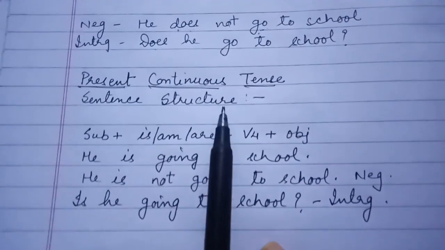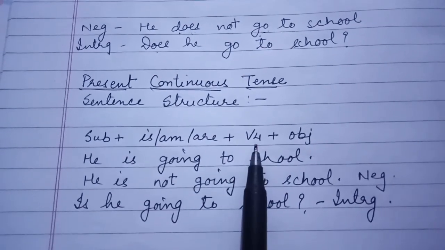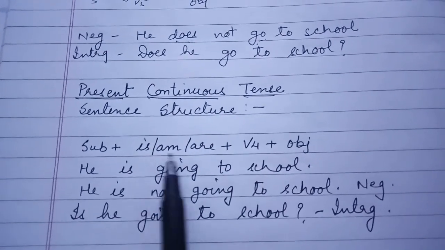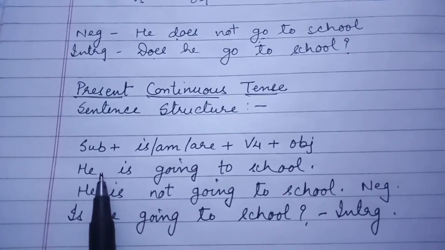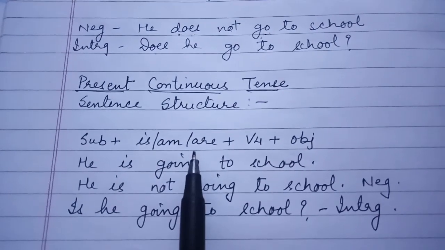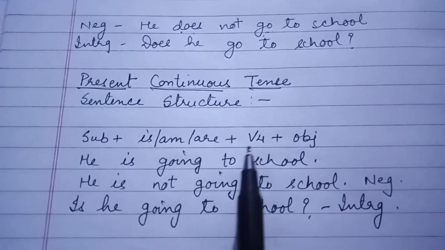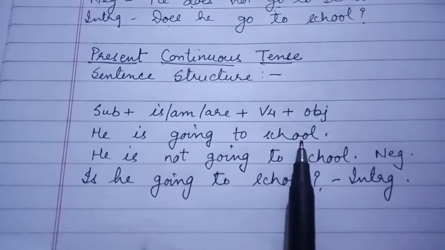Okay. Now, present continuous tense. What is the sentence structure? It's very simple. It is subject plus is, am, are plus verb's fourth form plus object. Is, am, are you will use according to the subject. If the subject is singular, you will use is. If the subject is I, you will use am. If the subject is plural, you will use are. Verb's fourth form means verb plus ing. Like, he is going to school.